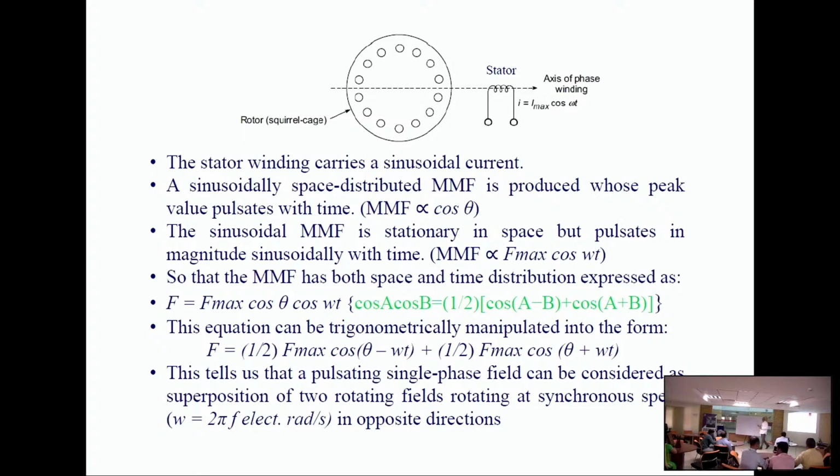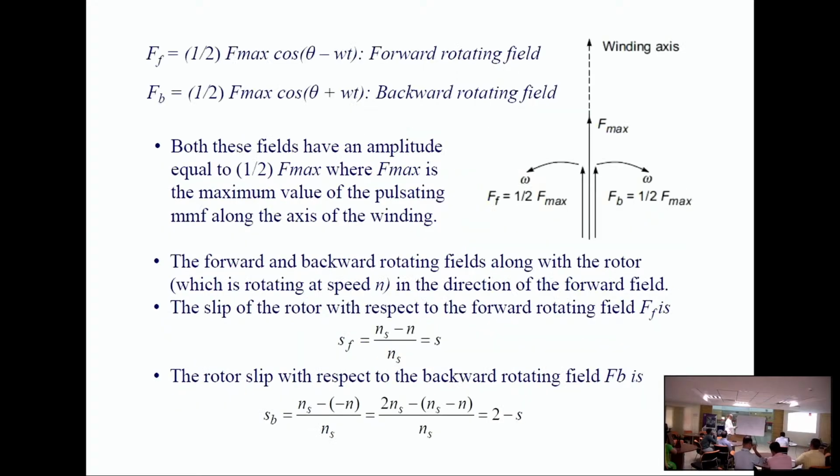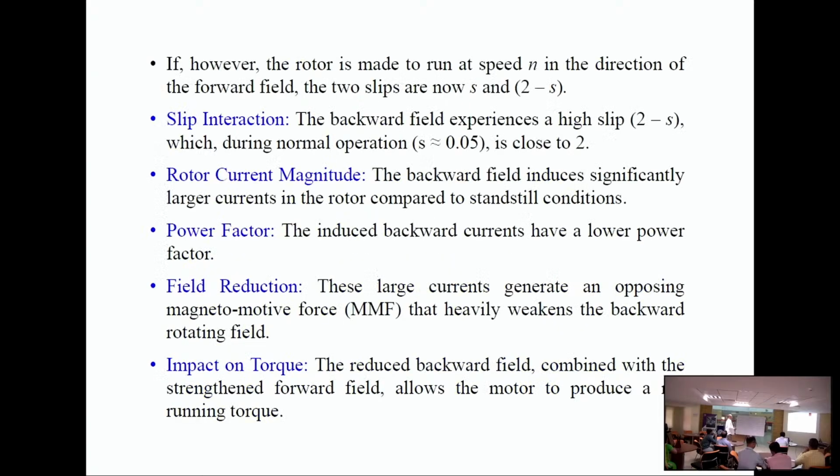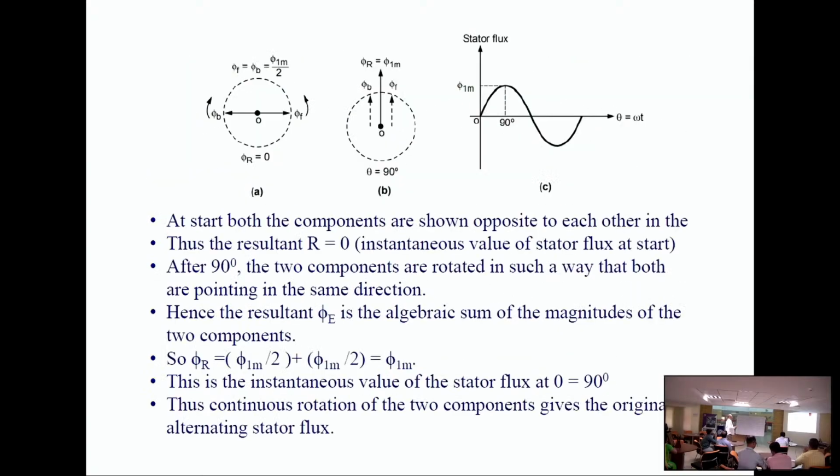Our next figure, how to make this clear. So this is for theoretical analysis purpose. We are assuming as if the sinusoidal quantity can be represented by two fields rotating in opposite directions.